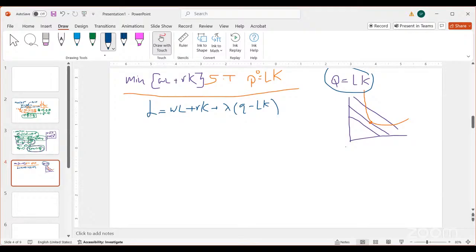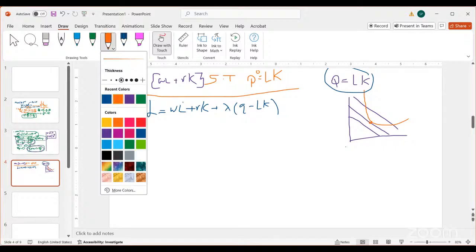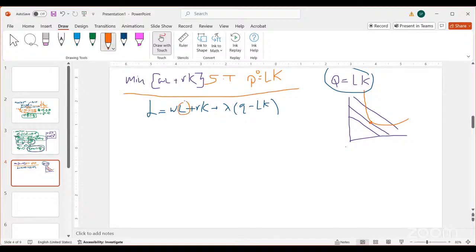So with that, we have the unknown or decision variables, labor and capital. They are what you are going to find: how many labor and capital units at the optimal level. And also this lambda, which is considered the shadow price, the price of relaxing the constraint. It gives the idea of how it impacts the cost.